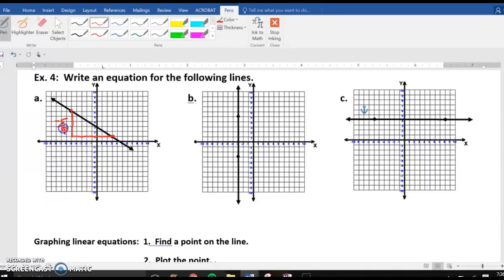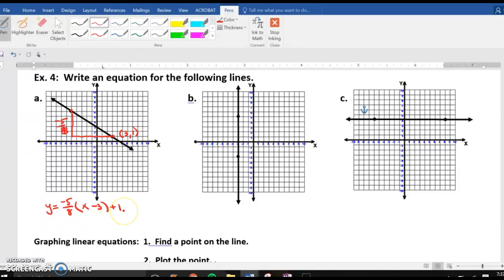Oh, 5/8. Now I'm going to gather an ordered pair here. Say (3, 1) that they give us. When I look at that, I'm going to write it in point slope form first. So you get -5/8 times x minus 3 all plus 1.